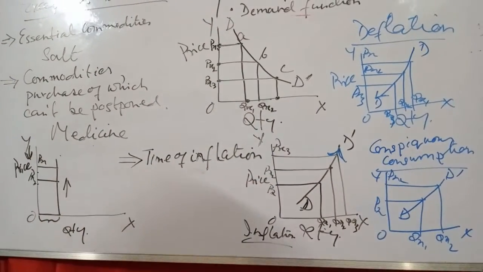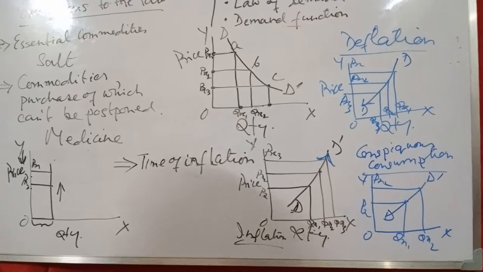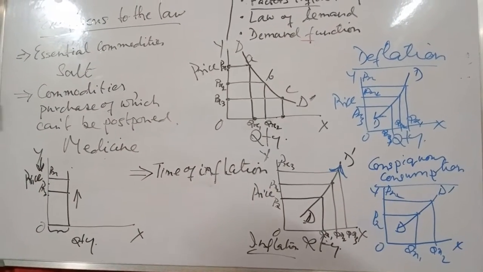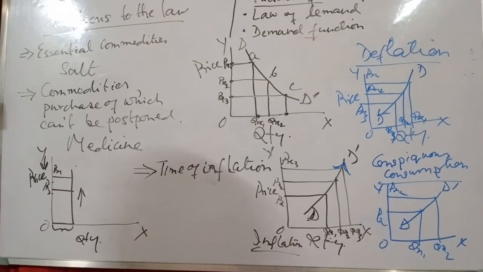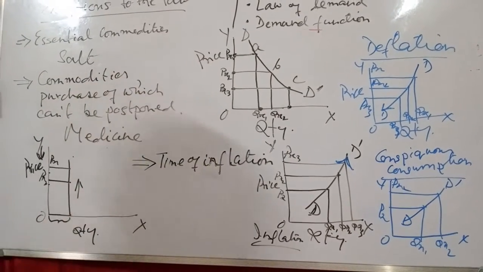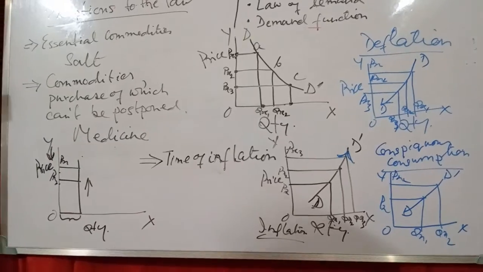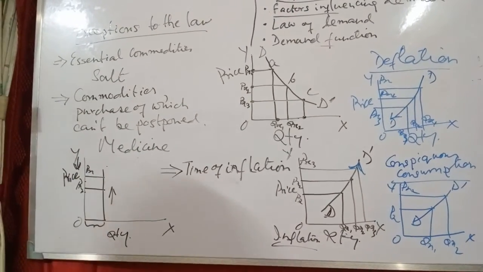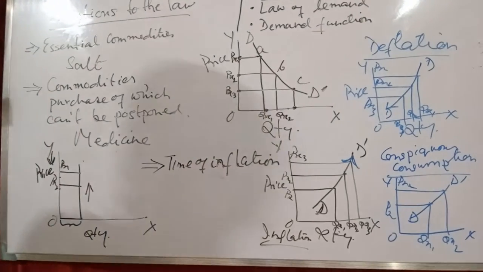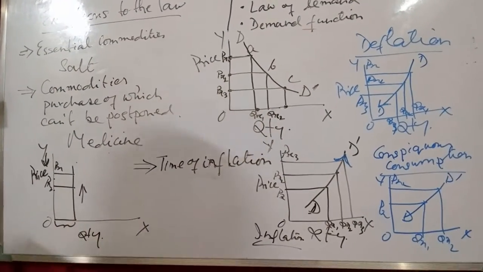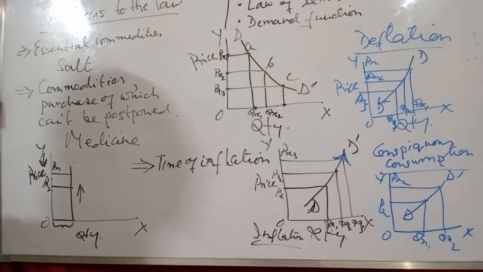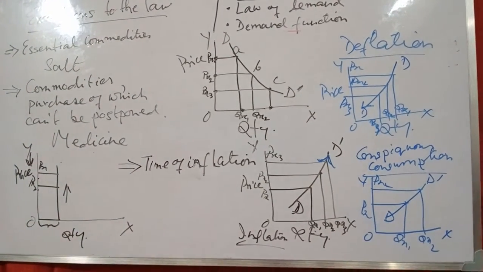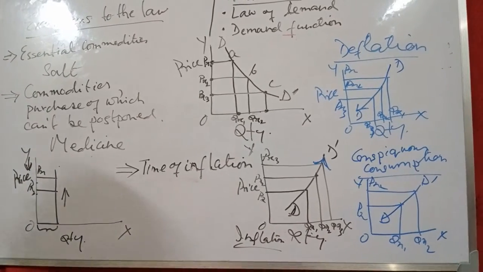The consumer may say, okay, when the price of the necklace was only 50,000, I did not notice it. But when it has become 1,50,000, now I am interested to buy it. Why? Because that satisfies my ego. So these are the exceptions to the law of demand.